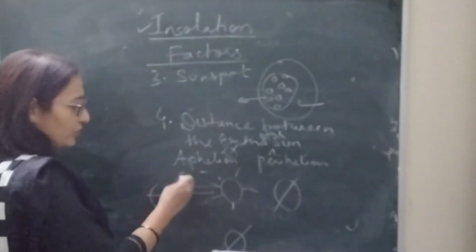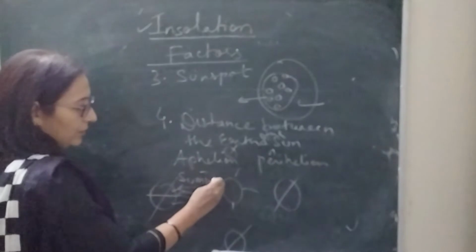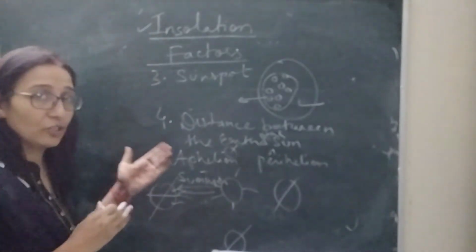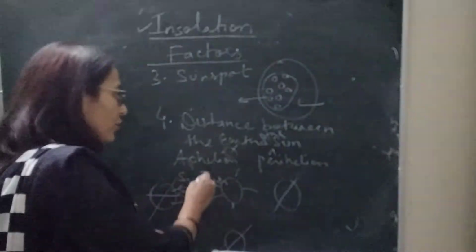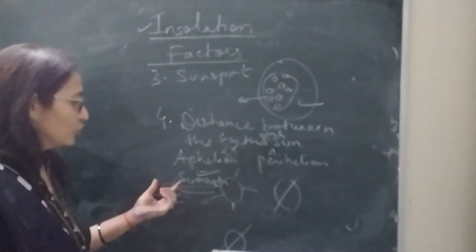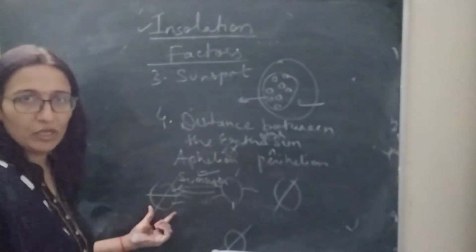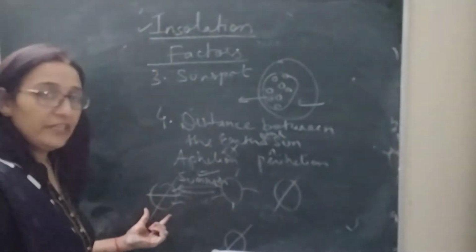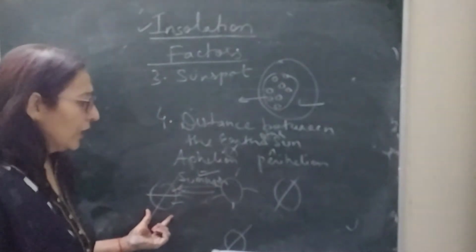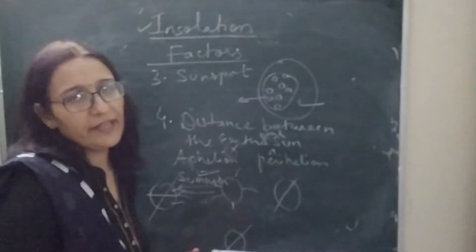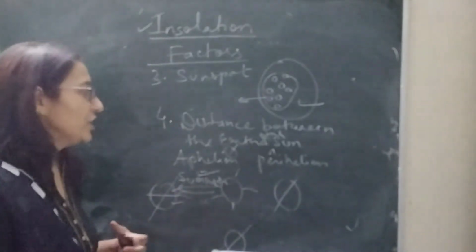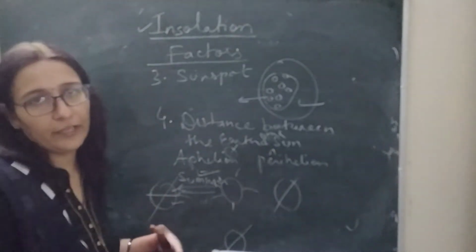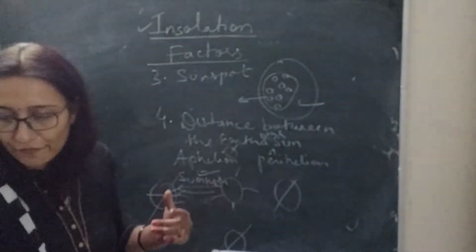Northern hemisphere. So here it will be summer. We can connect here, the length of the day is more during summer, more insolation. So this part is warmer than the southern hemisphere, because there the winter season occurs and the length of the day is less. Even the inclination of sun rays we can connect here. So these are the four factors.